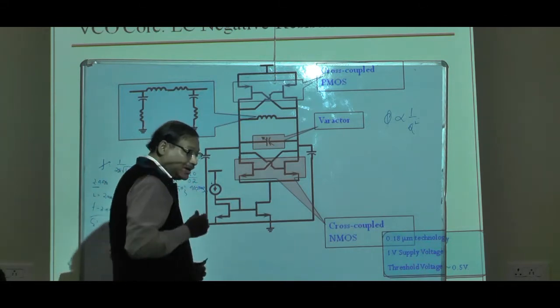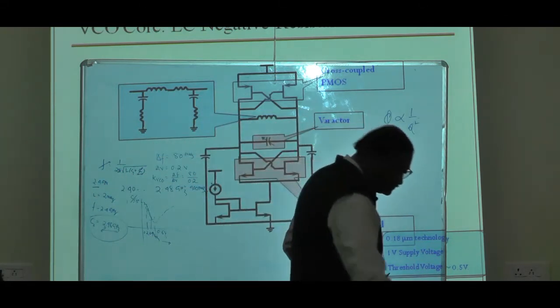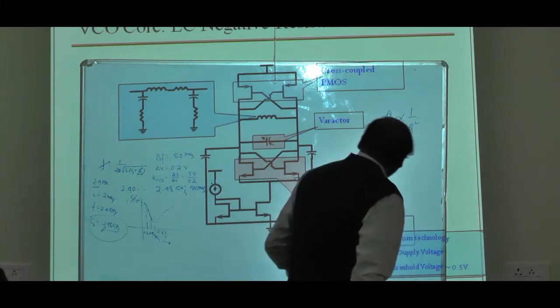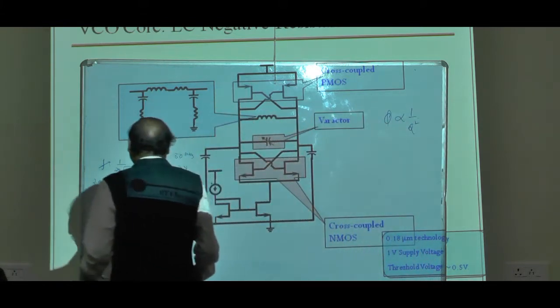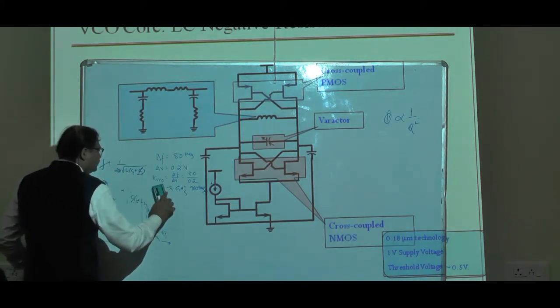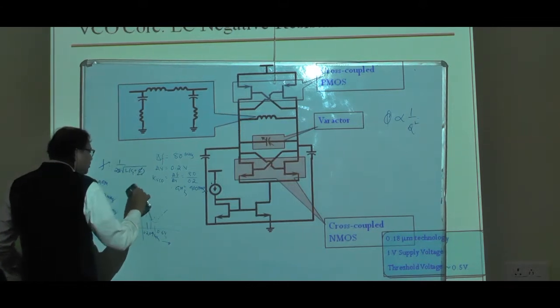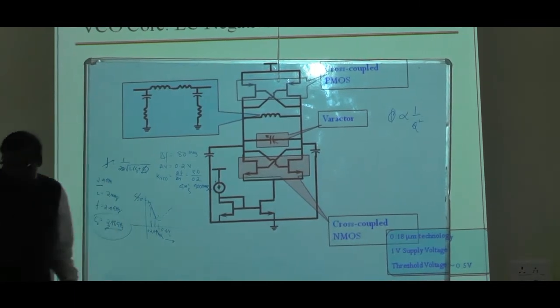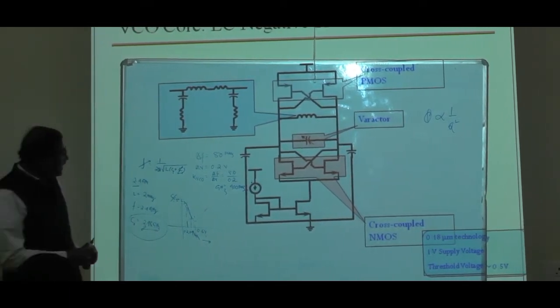So that 400 megahertz per volt is extremely high, which is not at all a desirable limit for KVCO. It is so sensitive that a small change in the voltage will introduce a huge frequency change. The gain is so high.